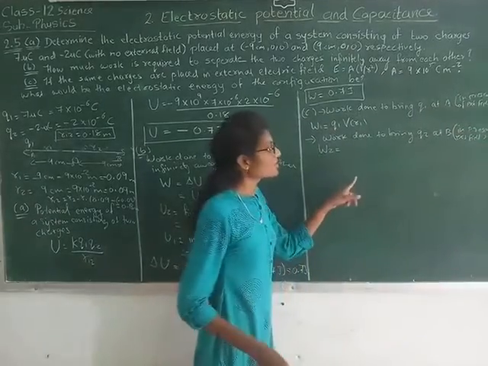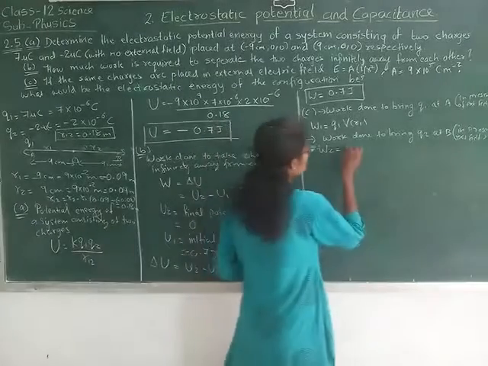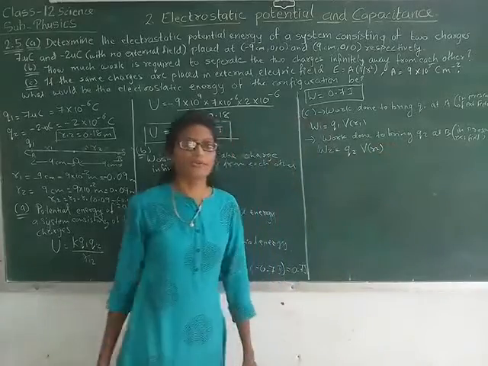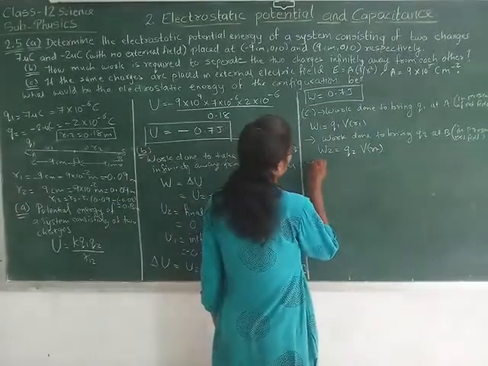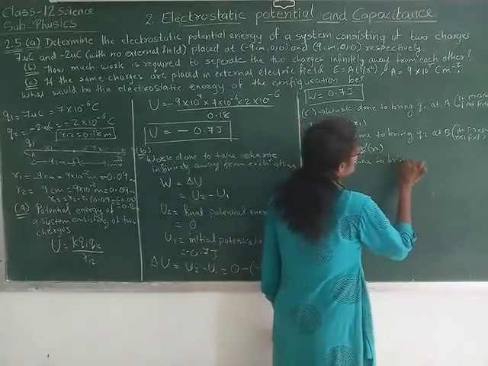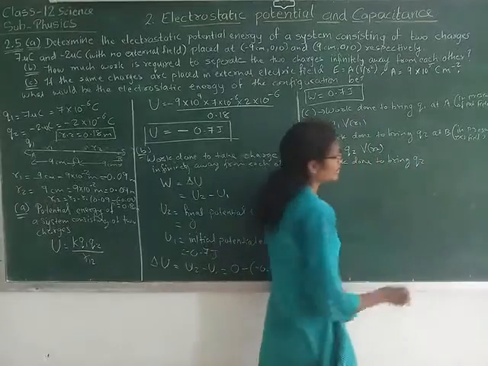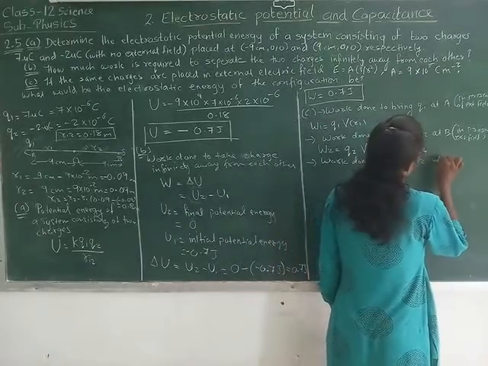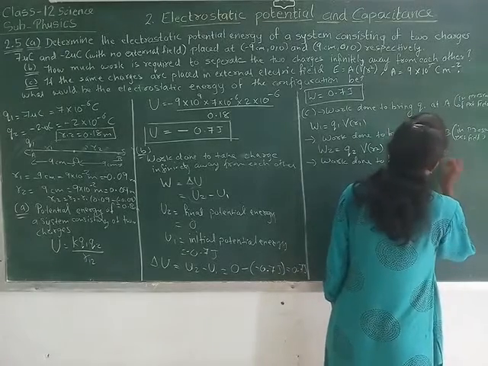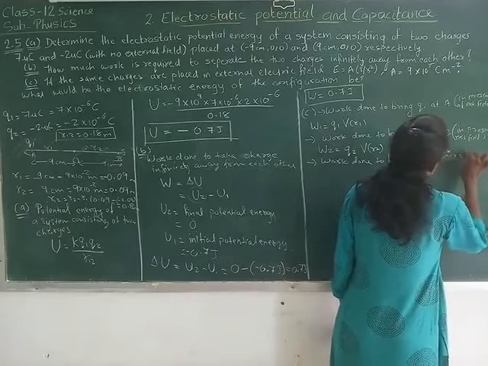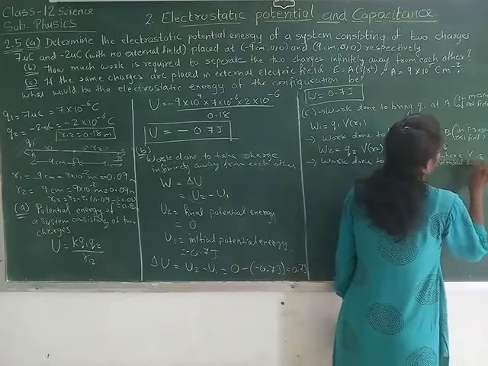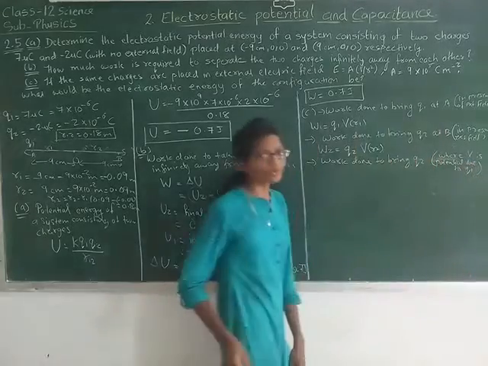So work done to bring the charge Q2 only due to the external field is Q2 V R2. Right? Now work done to bring Q2 where V is the potential due to Q1.